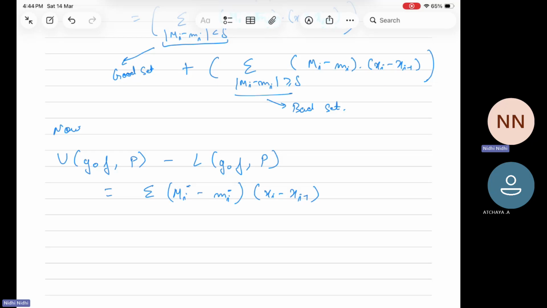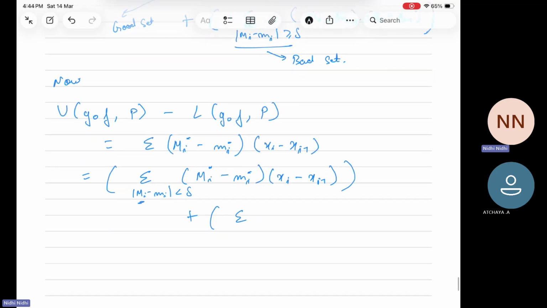So I can again subdivide this sum into two sums, because Mi star and mi star are the maximum and minimum corresponding to the composition. So I can write this as the summation over Mi minus mi less than delta. See here, this is Mi star, and I am dividing the sum exactly in a similar way as we had done earlier.